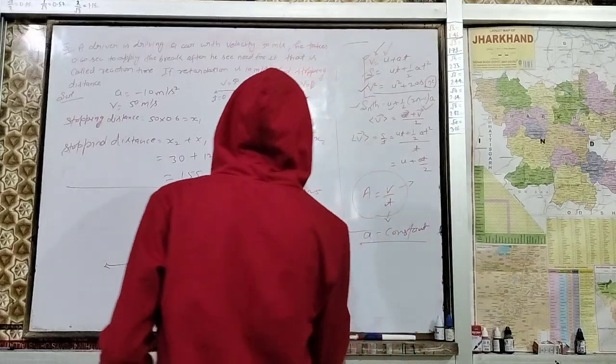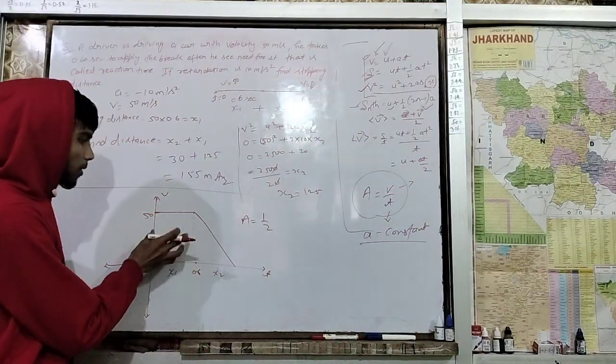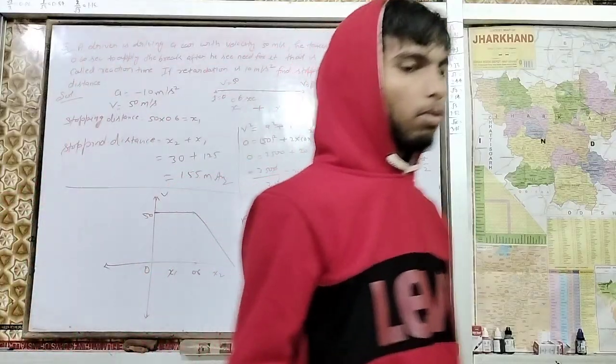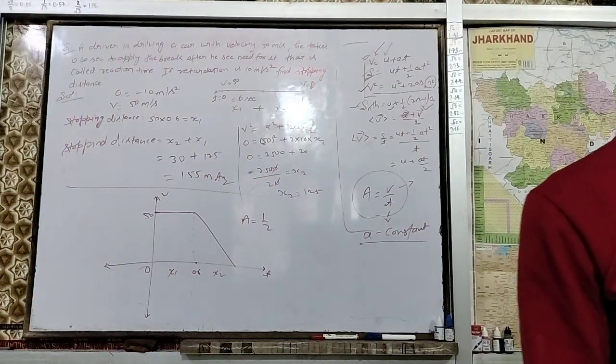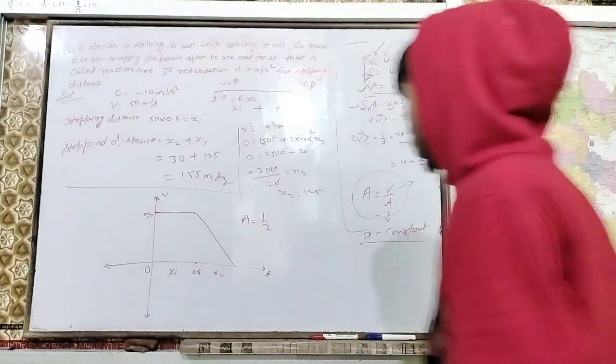So by the formula of a trapezium, we have 1 by 2 and then the sum of parallel sides, 0.6 and 5.6, which is 6.2.